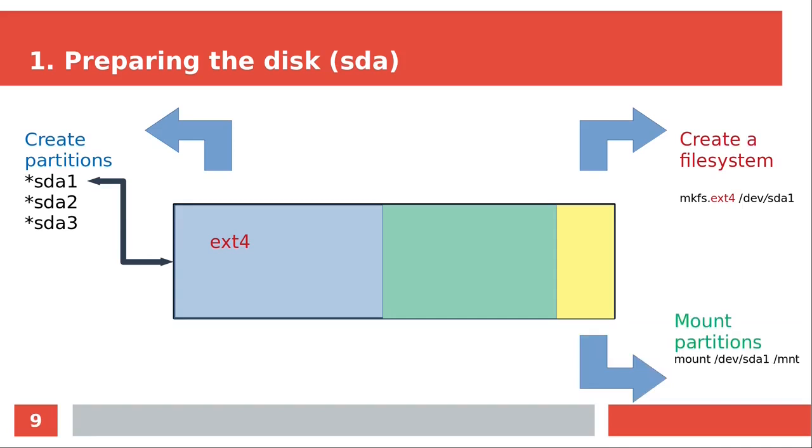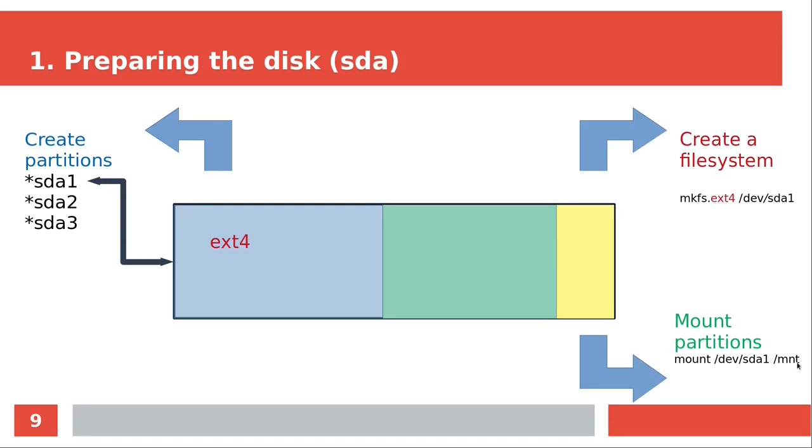The next step is that we have to mount the partitions. That means that the Linux system, Arch Linux, knows, hey, this is the place I should go, and therefore we should mount it. The command is mount, device SDA1, that means the blue one here, and we have a mount point /mnt.